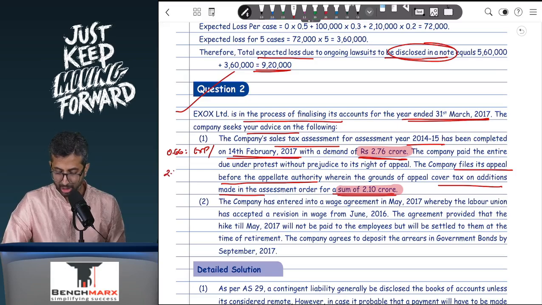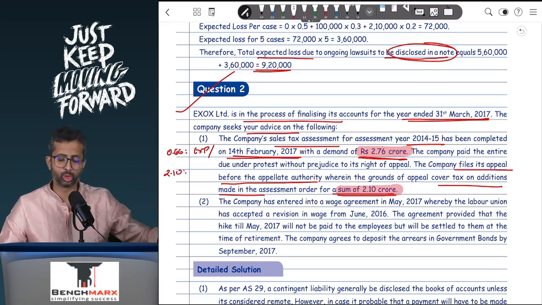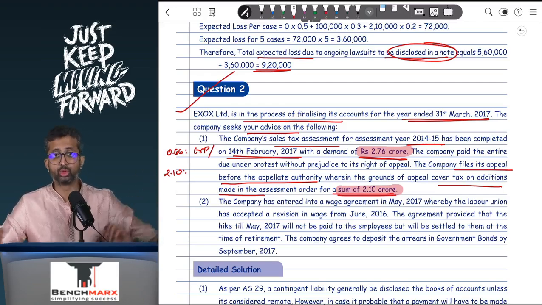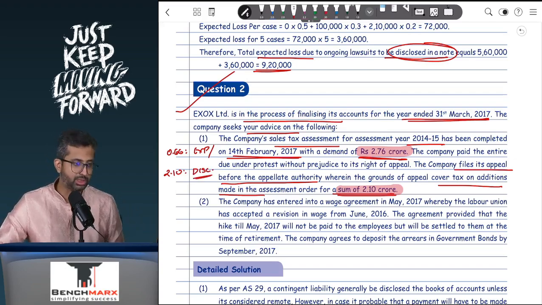And for the remaining 2.1, the outcome is contingent, dependent on the outcome of the appeal. So if you believe that you will win the appeal, then you can give a disclosure. If you believe that you will lose the appeal and payment will be made, then you can create a provision or an expense. Now if nothing is given, we will assume there is a 50% chance, and hence you will give a disclosure for 2.1 crores, whereas create an expense for 0.66 crores.